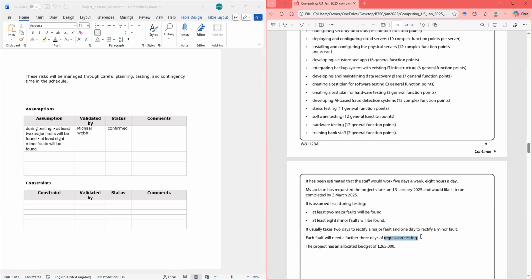And how have we confirmed it? By using regression testing. So we're going to schedule regression testing along the project.